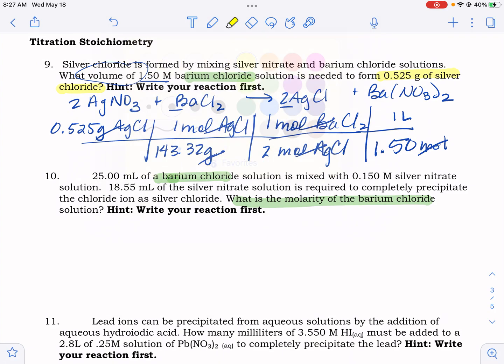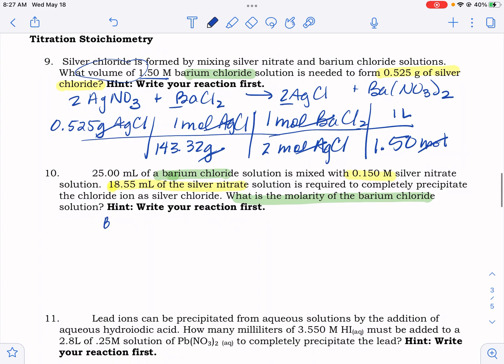So our known amount, it tells us we have 18.55 milliliters of silver nitrate, and it tells us molarity. Can we find moles with that information? Sure we can, but first we have to write our equation. Barium chloride plus silver nitrate. Gosh, this looks familiar. It's the same equation.